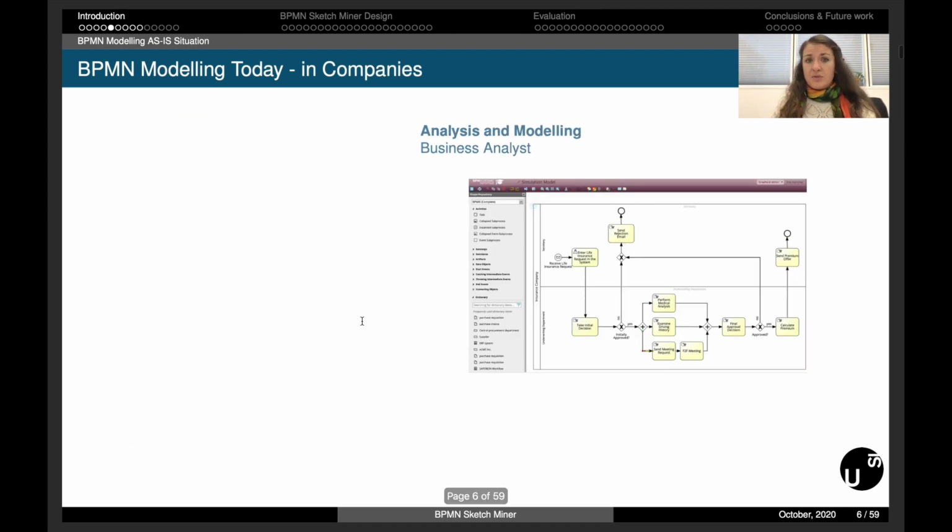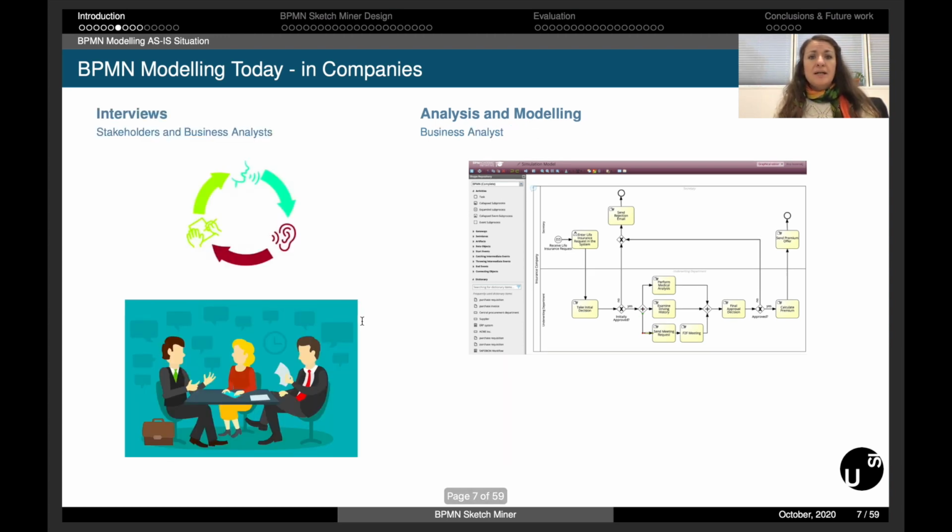In companies as well, such graphical tools are used by business analysts after the interview, but also during the interviews with the stakeholders, when the business analysts are basically listening to stakeholders' needs, taking notes, and trying to figure out the underlying process.